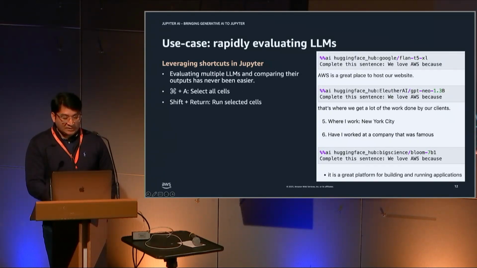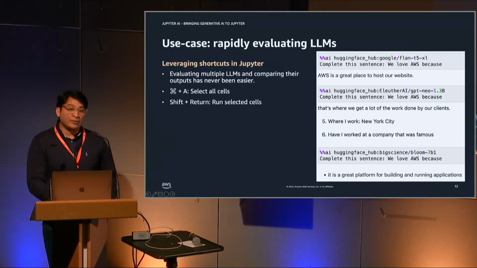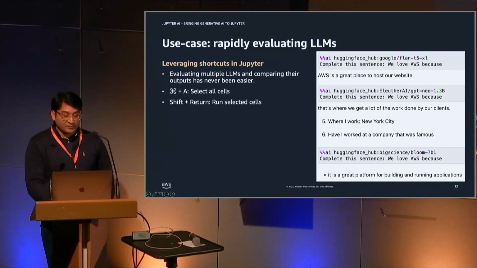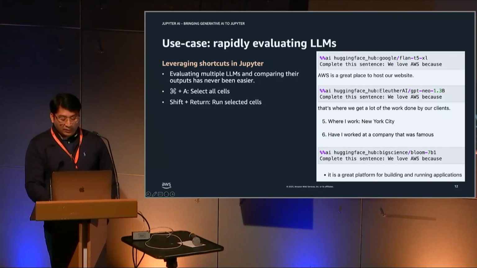This is an example of a use case that I was talking about before, that users frequently want to compare different models and providers, and there's a very quick and easy way to do that with Jupyter AI. I have this notebook screenshot on the right here, which is comparing 3 different models from Hugging Face. We're using the Jupyter shortcuts here, and you can select all cells and run them with Shift return.